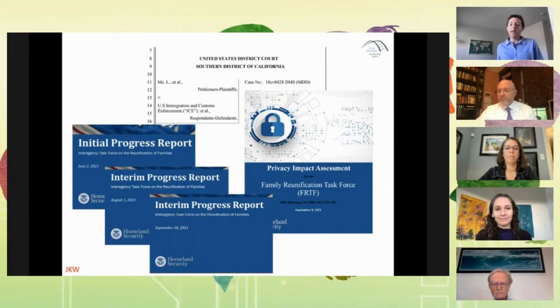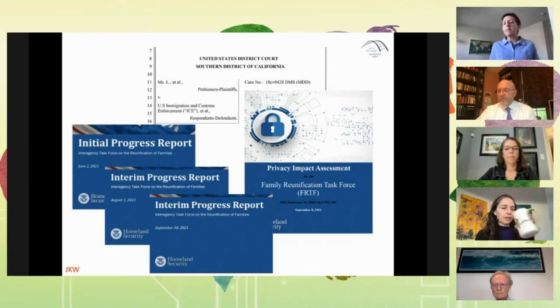In any case, the PIA allows us to have some sense as to where they are getting their data from. They're getting it from at least 6 different sources. They start with the data on the children that the Department of Health and Human Services has for children that are in their custody. Department of Homeland Security then reviews that data to make their determination, based on their data, as to whether those children were separated from family members or unaccompanied when they were encountered.